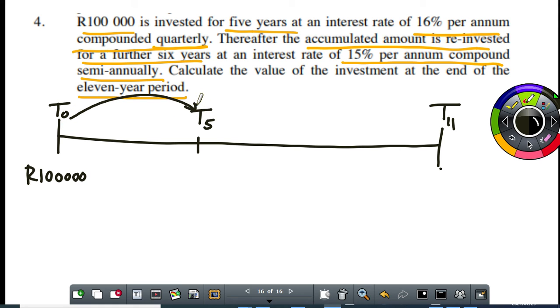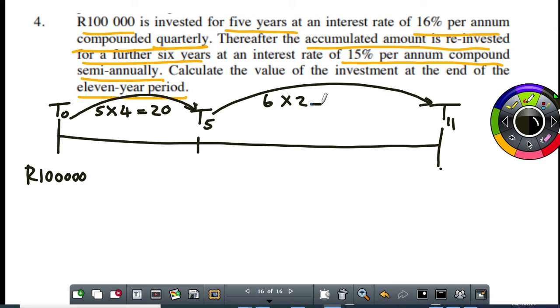By saying n, I'm referring to the time period. So it's 5 years times 4, which will be 20. So my n is going to be 20 for the first 5 years. Then the remainder 6 years will be 6 years times 2, because the interest is compounded 2 times per year. Are you following?